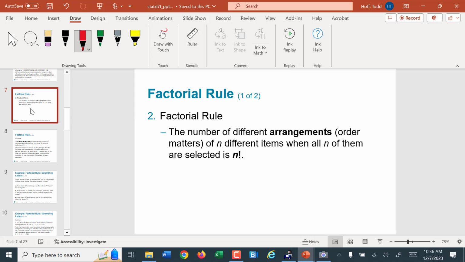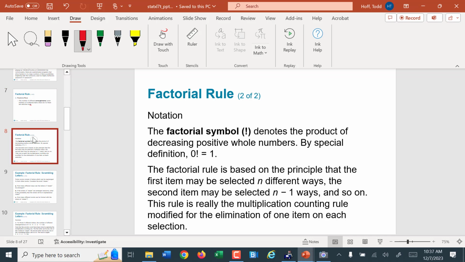So to speed up this counting, we're going to look at some rules here. The factorial rule comes into play when, once you've selected something, there's no replacement. It doesn't go back in. Factorial is symbolized with an exclamation point. What it's saying is you take that number and multiply it by every integer going smaller until you hit down to 1.